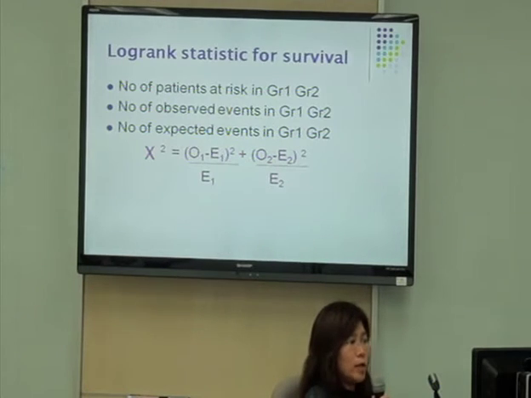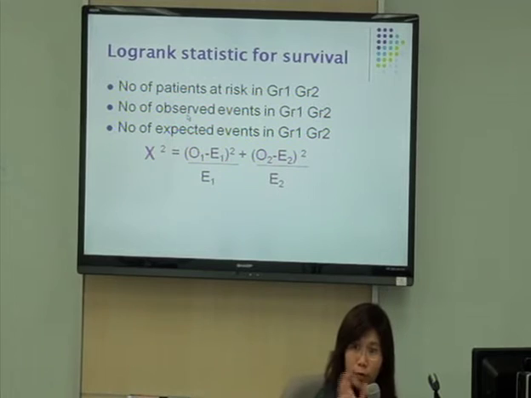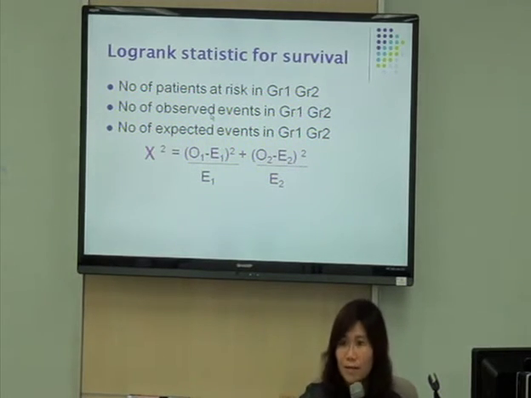Mostly when you see this, it means that you have the real event, that is the observed event, and you calculate the expected event. So the point is how to calculate the expected event, because the real or observed event you can get from your real cohort, right?